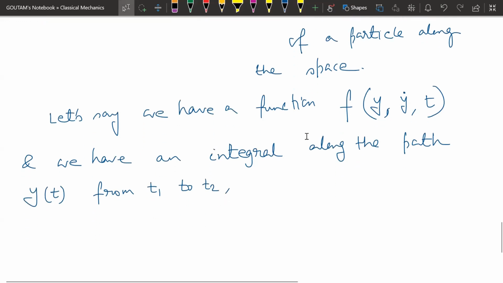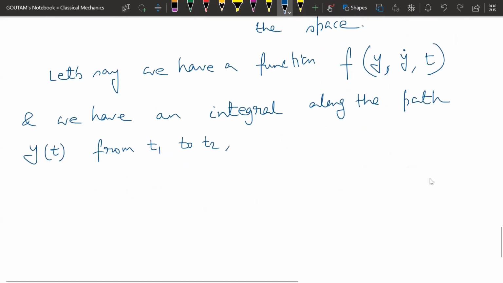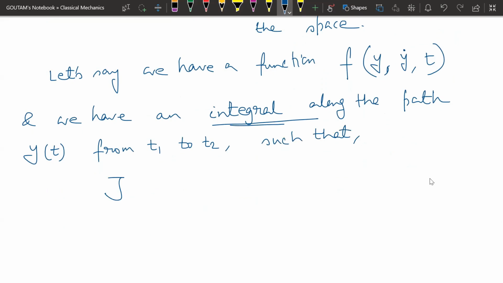So the integral J is defined as the integral from t1 to t2 of f of y comma y dot comma t dt.